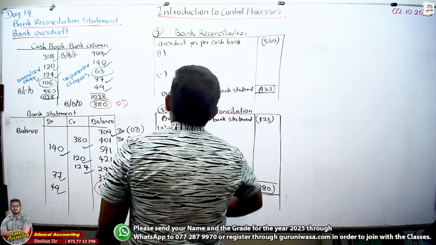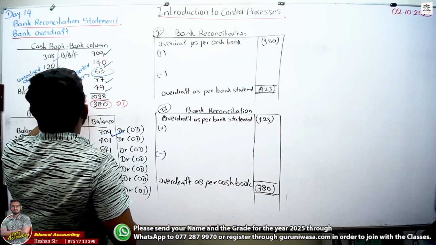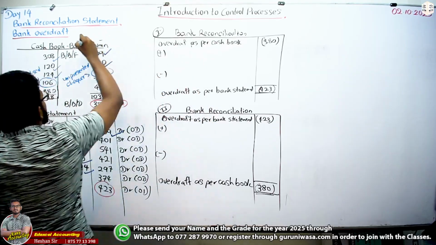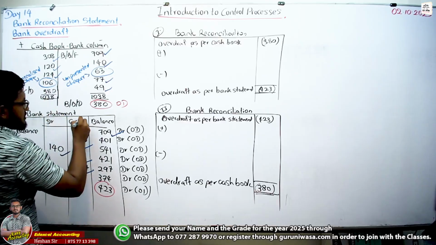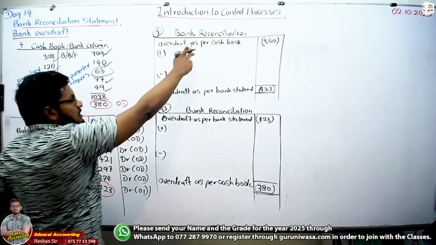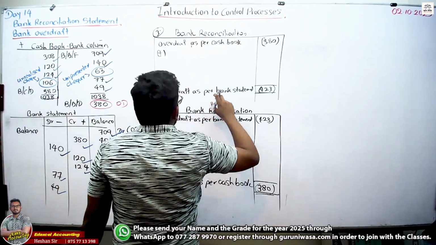Let's see how we recorded the unpresented check. This one is deducted in the bank column, which means this is the deduction side, plus the increase side. Here deducted means 90, bank statement not deducted, which means 100.